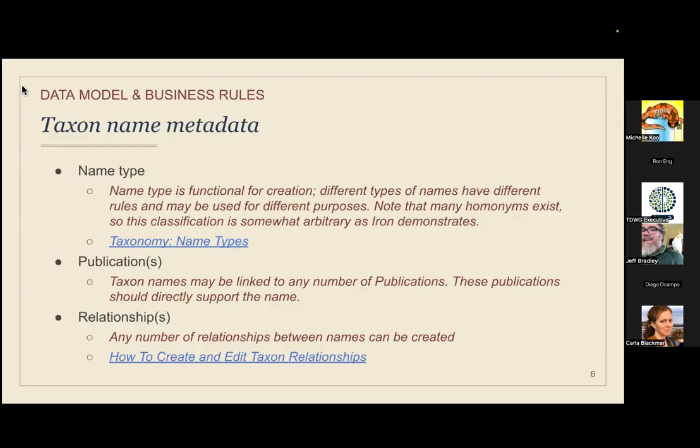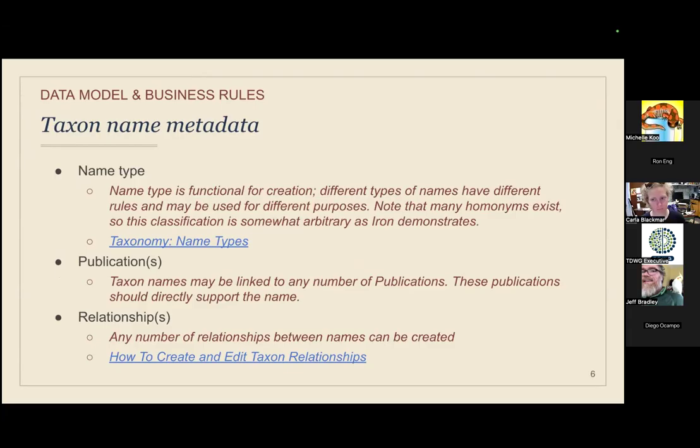That metadata includes the name type. So the name type can lend certain attributes to a name. So if a name is typed as Linnaean, it follows certain rules related to Linnaean taxonomy. The other types of names have fewer or no rules.